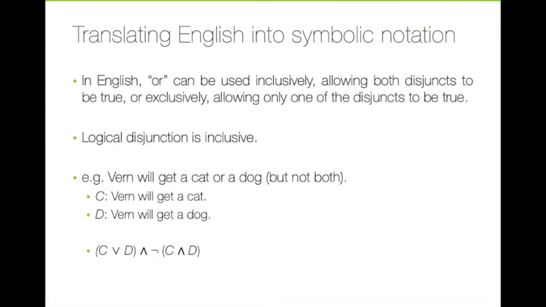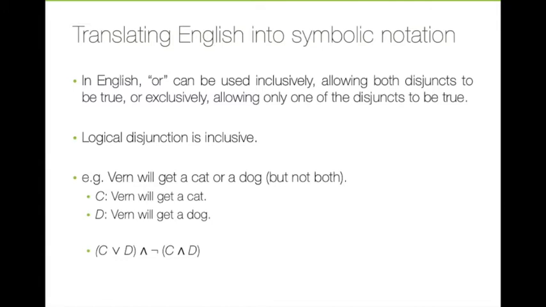So here's an example of a sentence where we use or exclusively in an English sentence. Vern will get either a cat or a dog. If someone says this, it's pretty reasonable to assume that Vern is not looking to get a cat and a dog. He's probably trying to decide between the two pets, but not to get both pets.